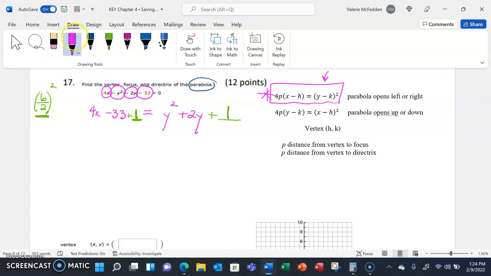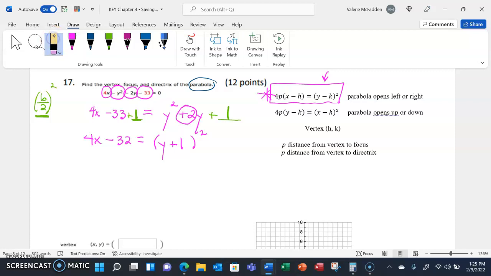Okay, now we have 4x minus 32 is equal to, and the shortcut for factoring this, it's going to be a squared, y plus 1. It's always half of your b term. Half of a positive 2 is a positive 1. If that had been a negative 2, it would have been a negative 1.